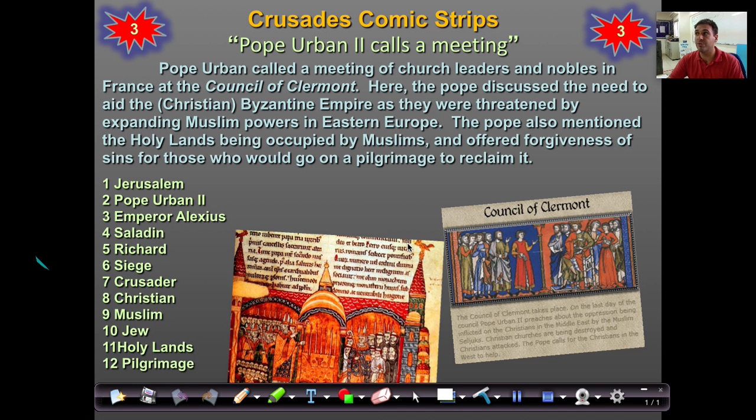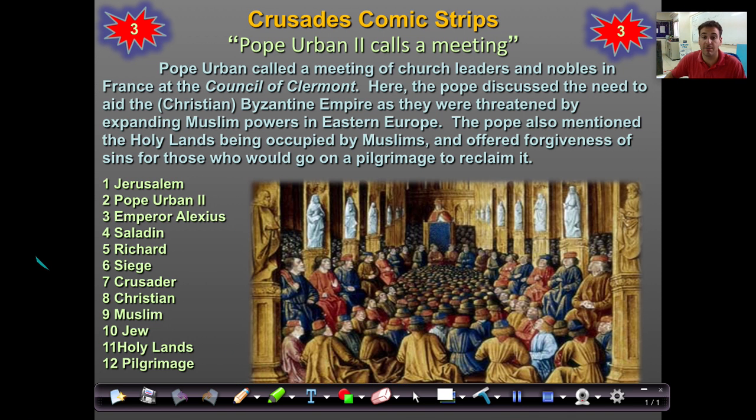The other real reason is Christians believed that they had to control Jerusalem in order for a reappearance of saviors, or anyone else to reappear, because they would come from Jerusalem. So they needed to control this area. So this is a depiction of what the Council of Clermont meeting might have looked like.